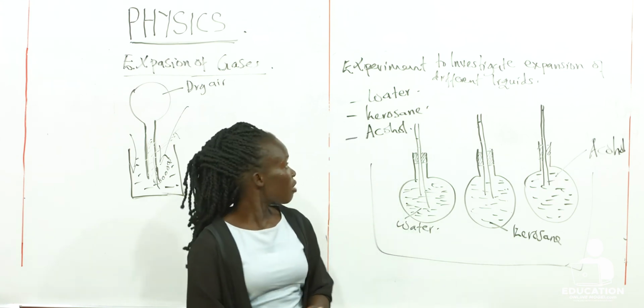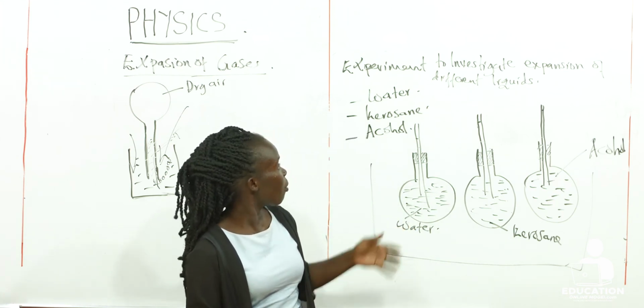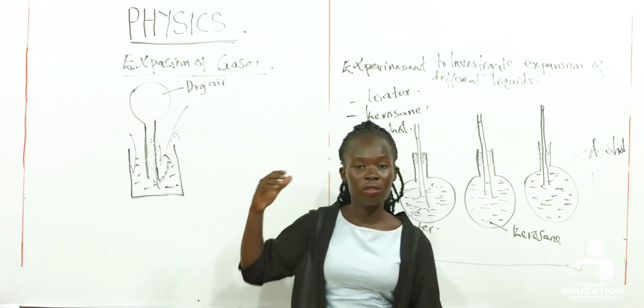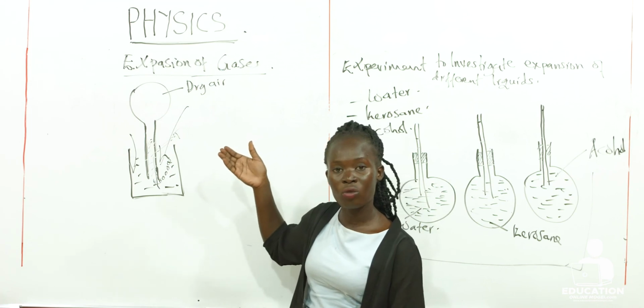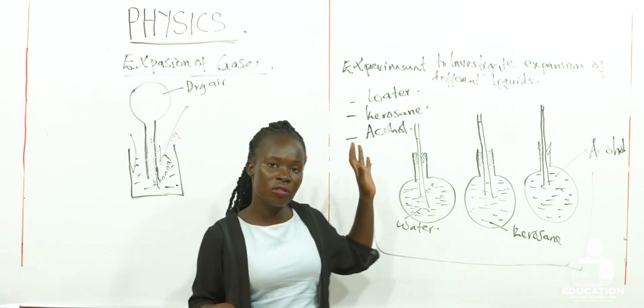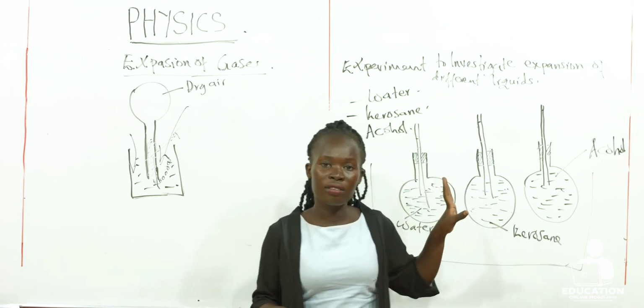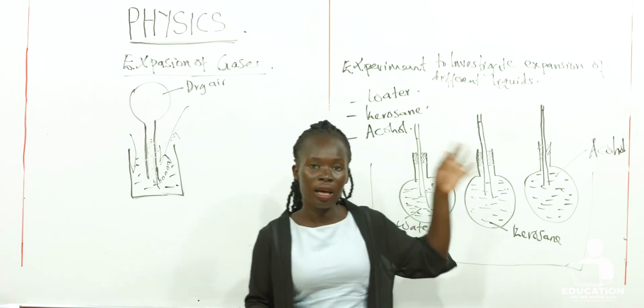So this is what we know about the expansion of liquid. We should know that liquids expand more than solids, because the molecules in liquids are more spaced than the particles in solids.